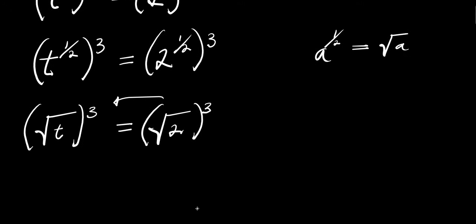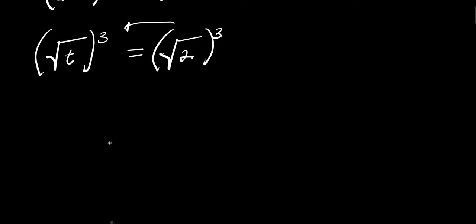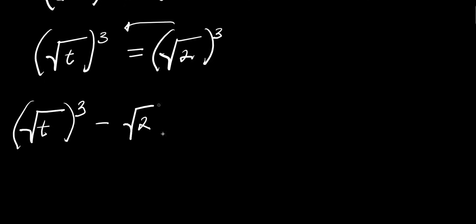So we are simply going to have square root of t to the power of 3 minus square root of 2 to the power of 3 equals 0. So there's power 3 here, there's power 3 here.